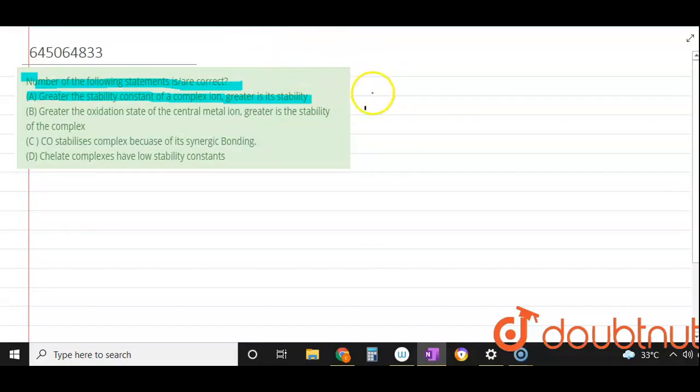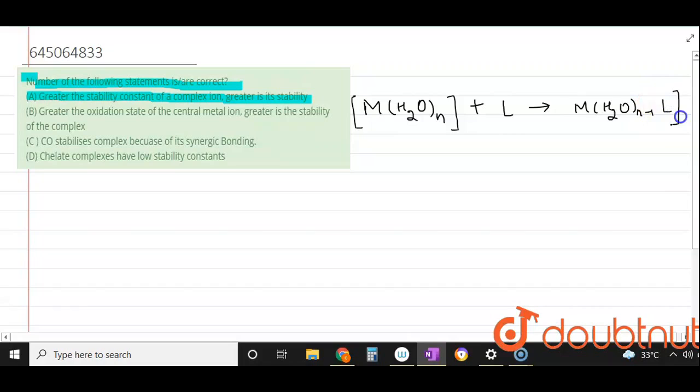For example, if a metal complex is present, like this, and a ligand comes. So what does it form? This complex, metal ligand complex. When another ligand comes, then what forms?